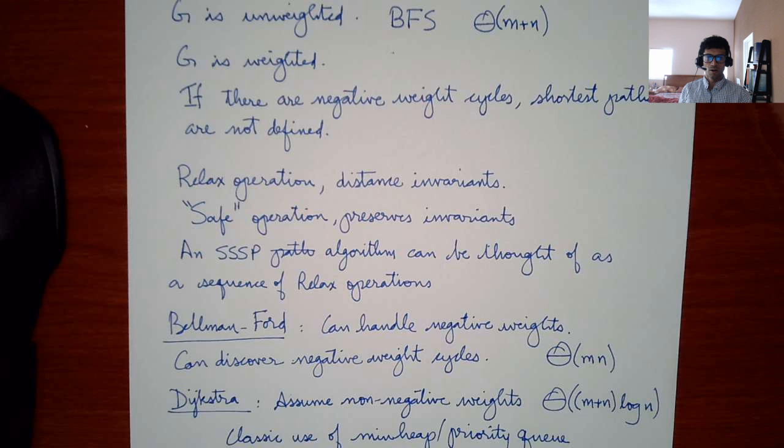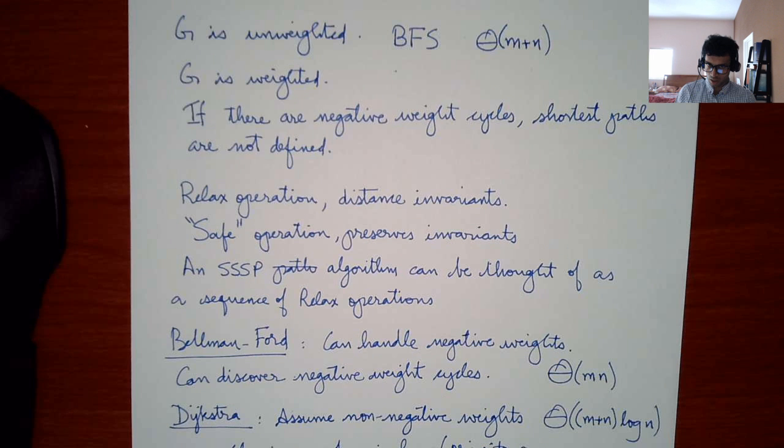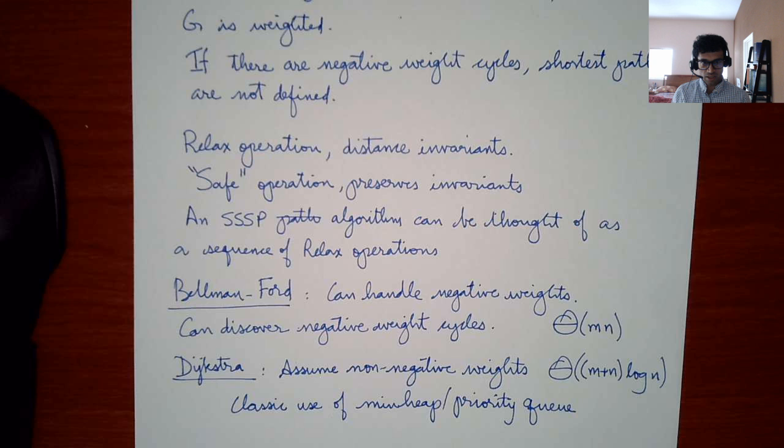This is something that we covered, so it runs in theta of m plus n. When the graph is weighted, when there are weights, then BFS does not work. If there are negative weight cycles, then shortest paths are not defined. We discussed the relax operation and distance invariance. We said that relax was a safe operation in that it preserves the invariance. The nice thing is we can think of a single source shortest path algorithm as just a sequence of relax operations.